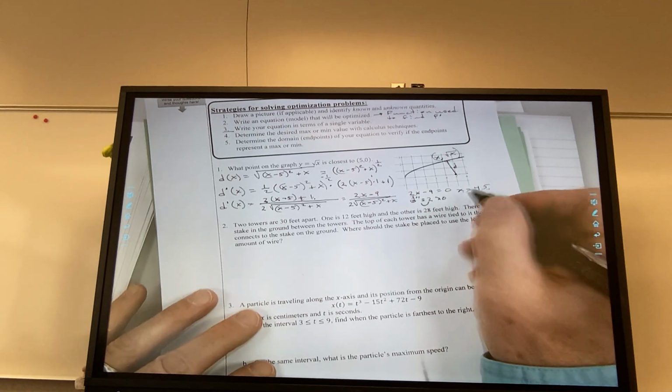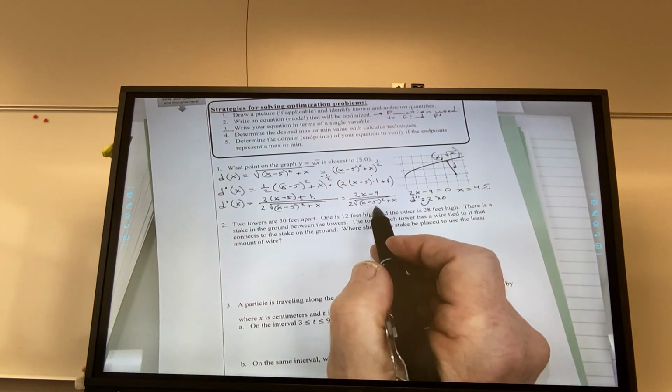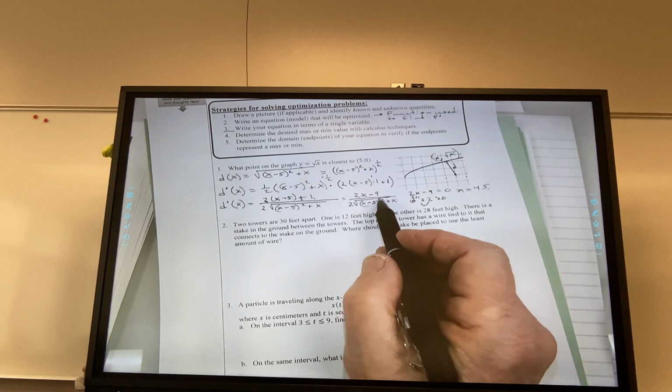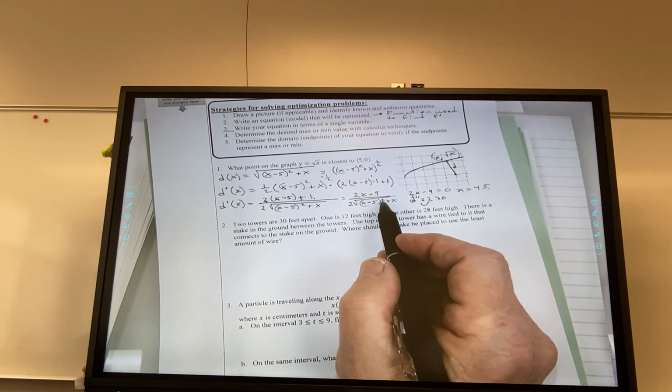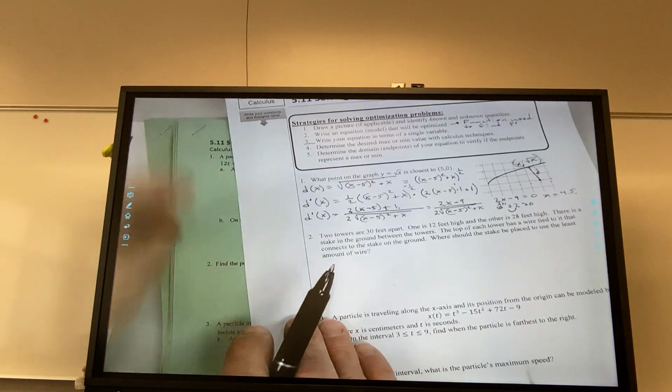Now, unfortunately, the other place that I could get a critical number is in the denominator, correct? And so I'm going to make what's inside this square root equal to 0. Everybody okay with that? All right, so I'm going to do it here in the margin.